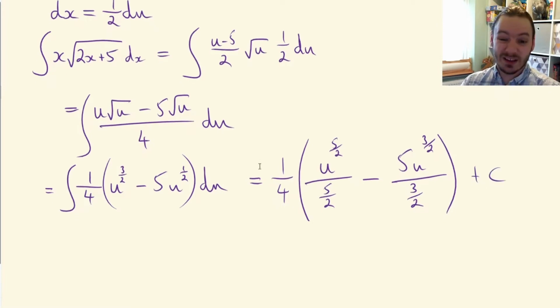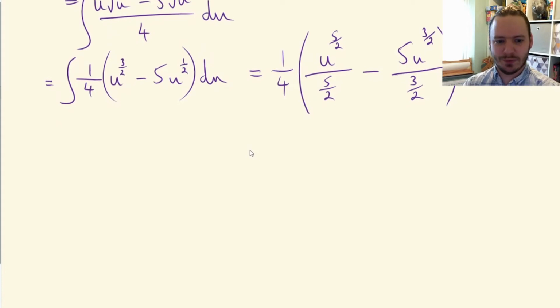Now at this point it would be nicer, I think, if we tidied this up slightly. Dividing by 5 over 2 is the same as dividing by 5 and multiplying by 2. And I've also got this 4 here. So this is going to end up being 2u to the 5 over 2 over 20.